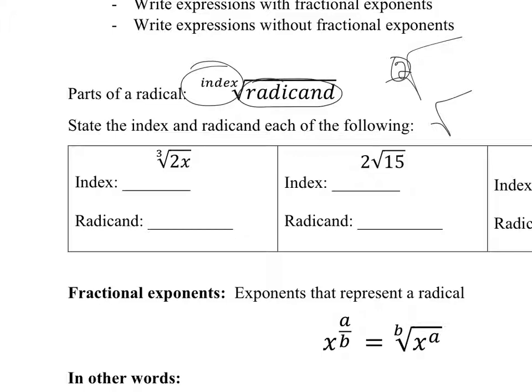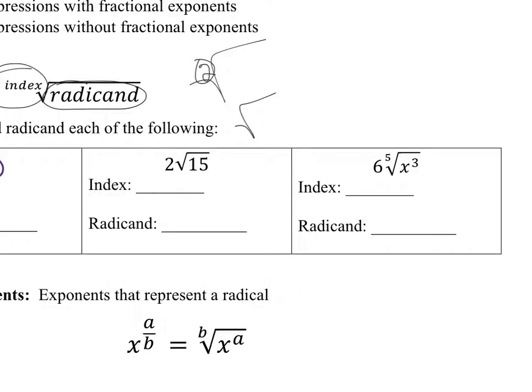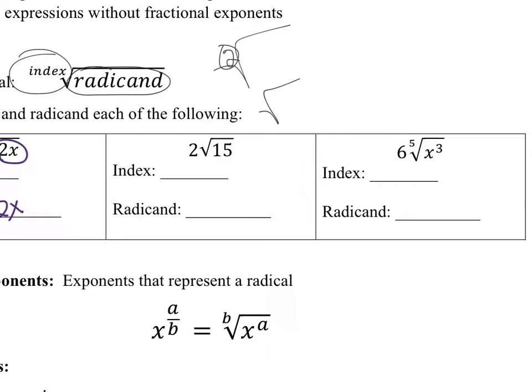So the first thing is you have to look at this problem here and determine what's the index and what's the radicand. Hopefully it's pretty straightforward. So there's the index, and the radicand is under the radical. For these, this is the radicand. It's underneath the radical. But there's no number here.